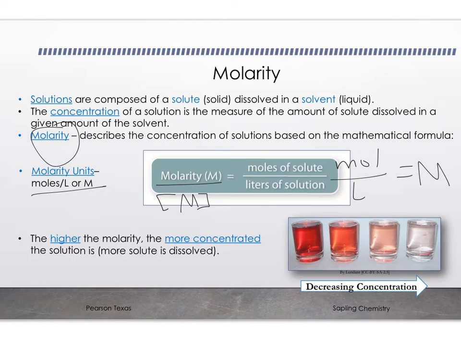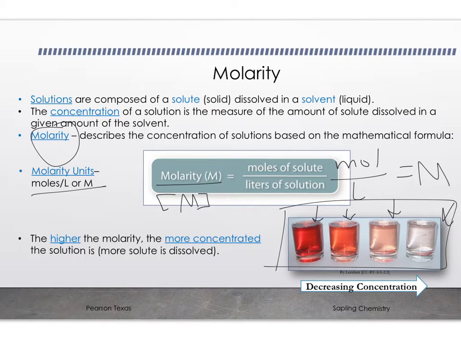The higher the molarity, the more concentrated the solution is, or the more solute that is dissolved. If you have the same volume of water in these four containers, you notice that one is almost transparent. You have a light pink color, then a darker red, and then a super dark red color.